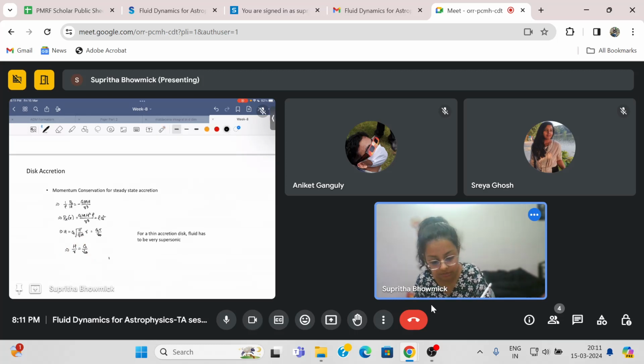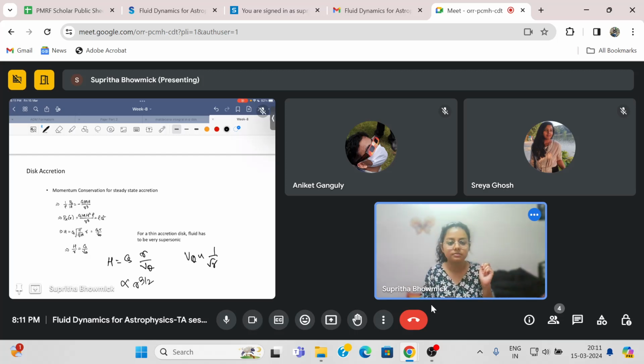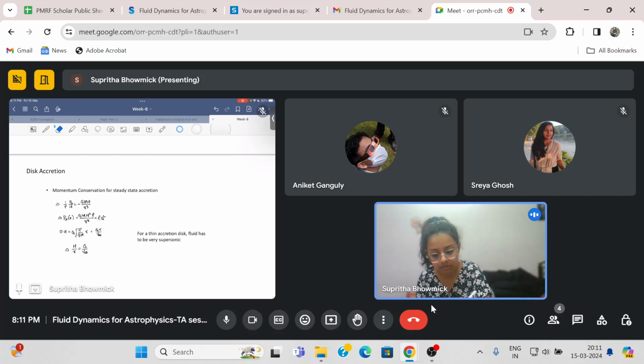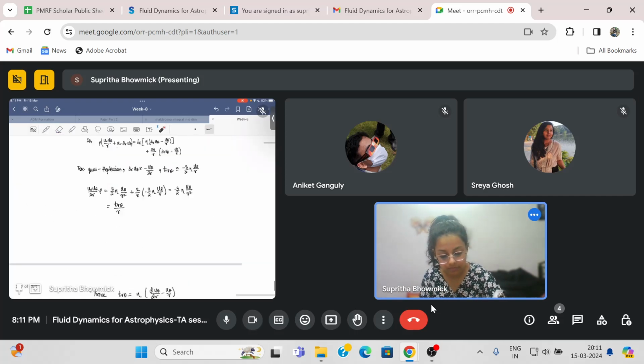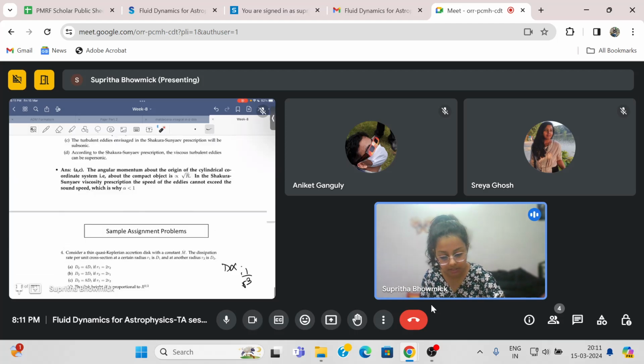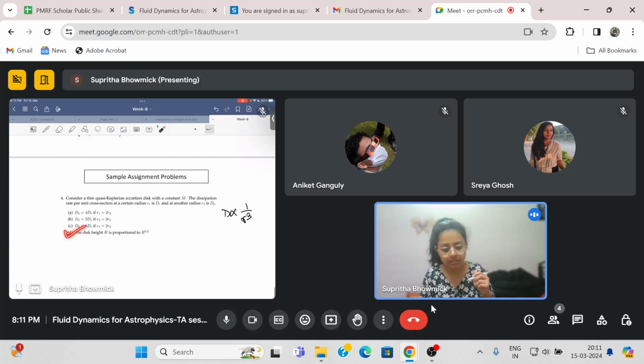So h is some cs r by v theta. But v theta goes as 1 by root r. So h goes as r to the power of 3 by 2. That is exactly what was option D, so option D is correct. This comes from the z component of the momentum conservation equation.